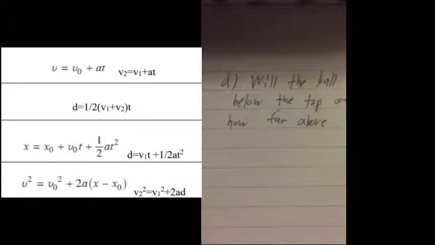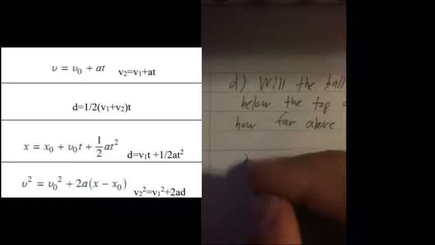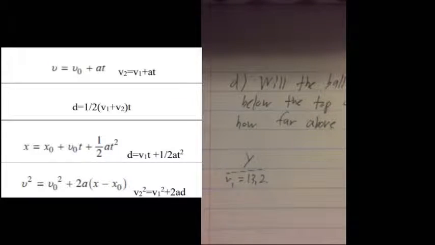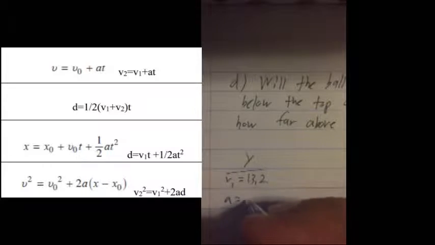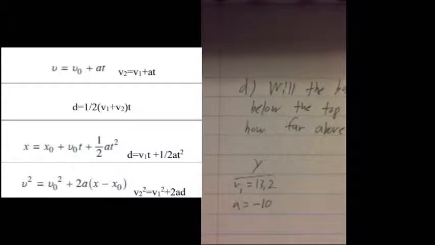So, we're trying to find height here, so we need to use our y information. We know that the initial velocity is equal to 13.2 from question A. We know the acceleration due to gravity is negative 10 meters per second squared. We're rounding to make this easier on ourselves.